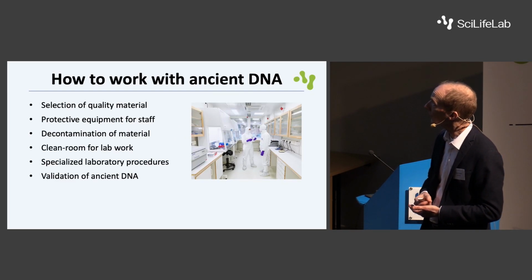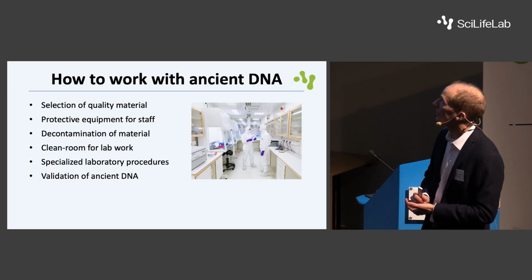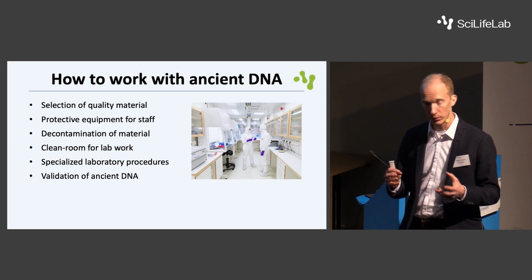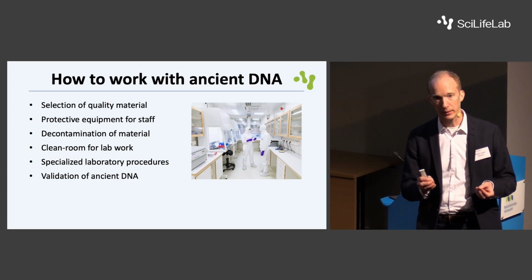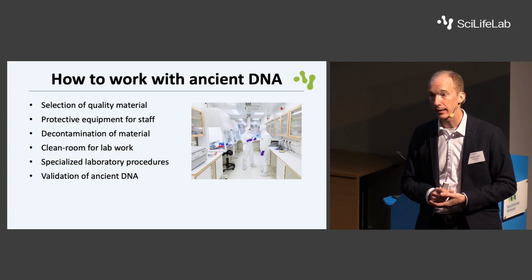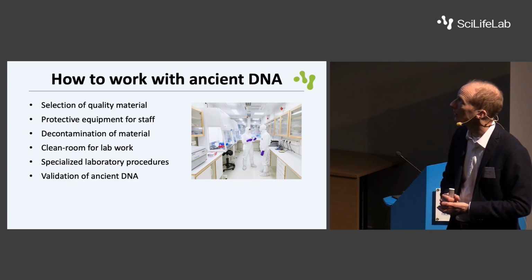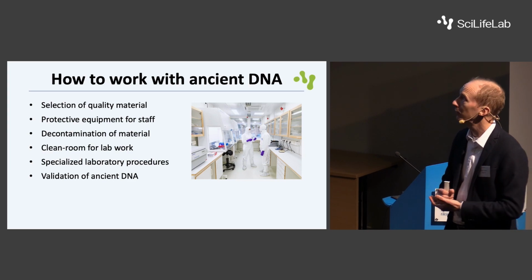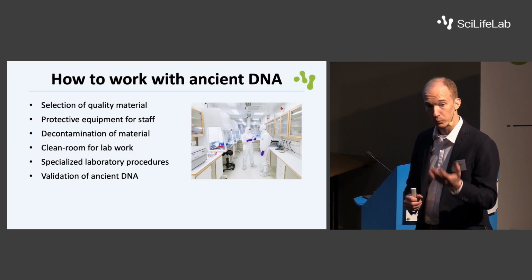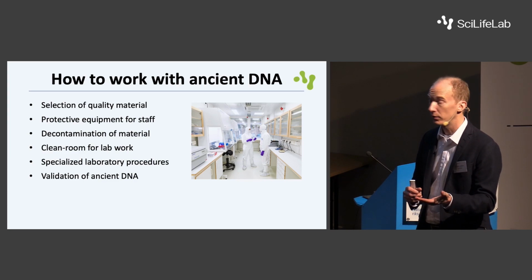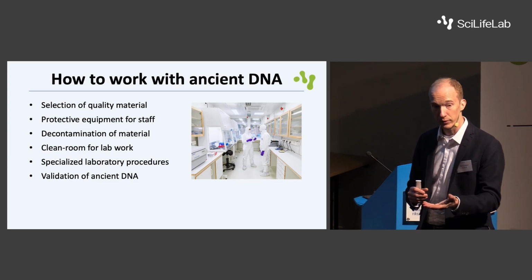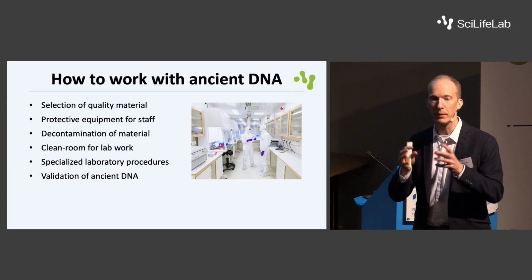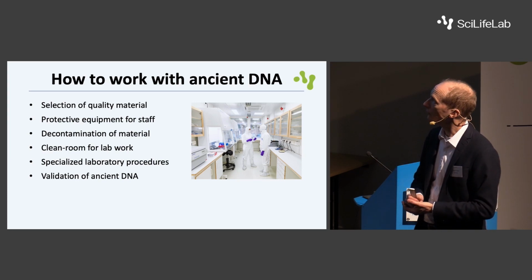So the way to work with ancient DNA is, of course, to have know-how and experience in selecting material that has a high likelihood of actually containing DNA. So select quality material, to spend your resources wisely. Use protective equipment for the staff to avoid contamination. Decontaminate the material to reduce the amount of non-endogenous DNA.